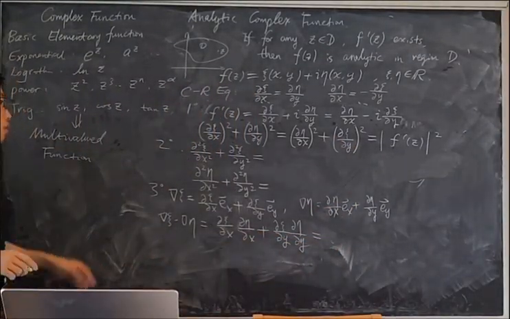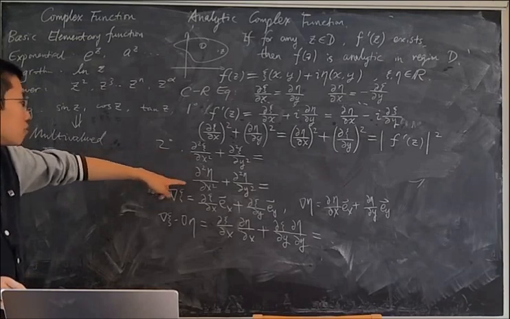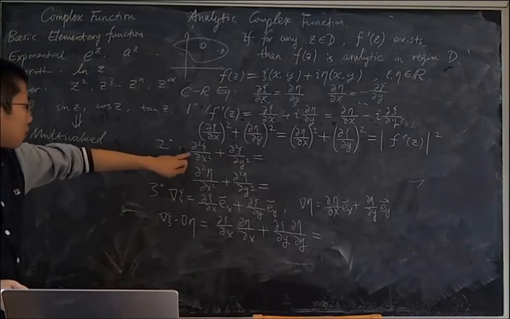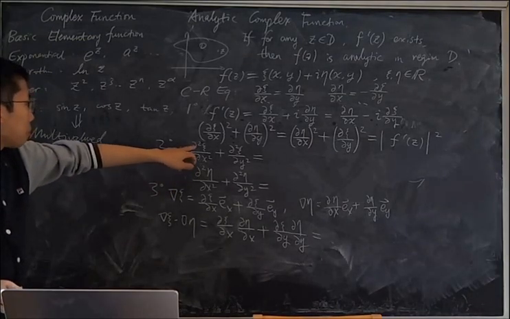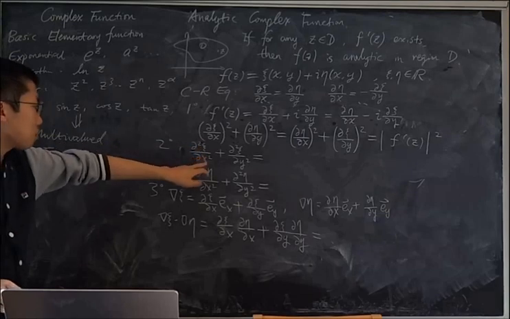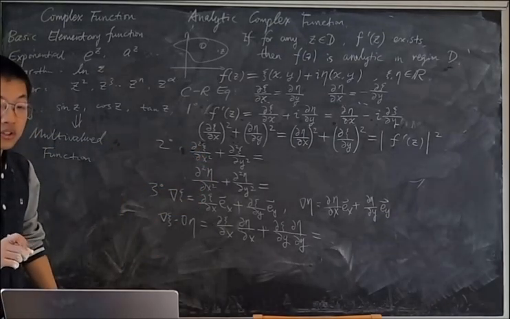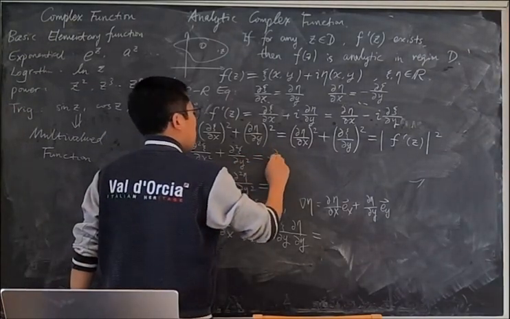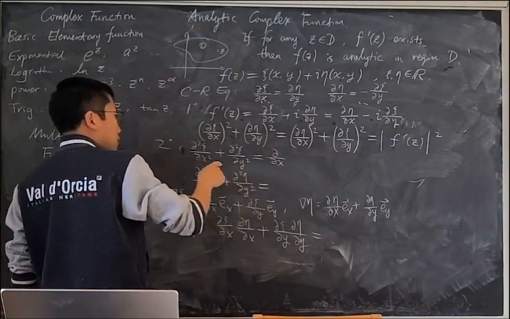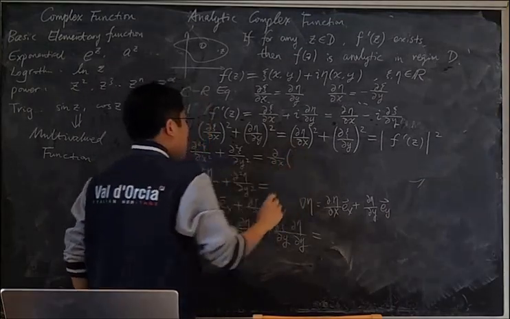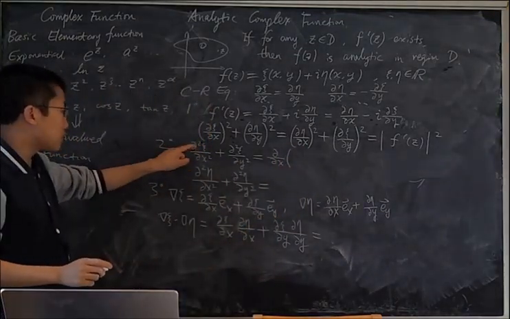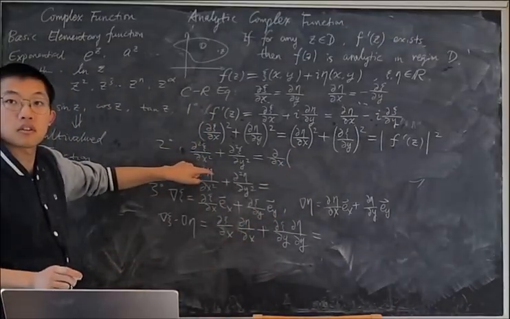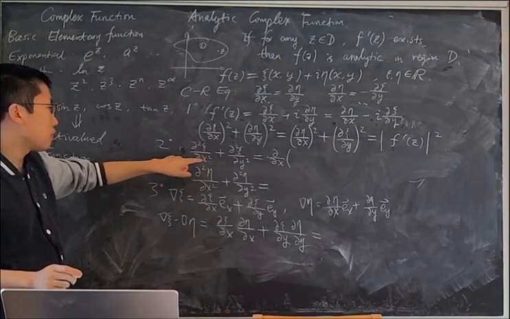Number 2, let's evaluate these two derivatives. For this one, partial squared cosine over partial x squared, we rewrite it as partial over partial x of partial cosine over partial x, because we are taking the second derivative in x.